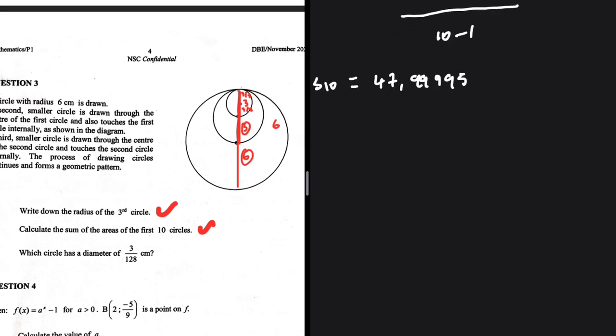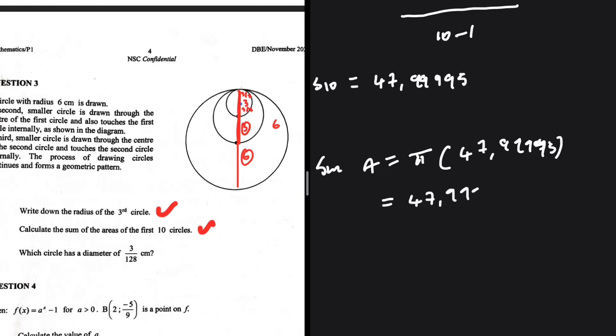So the sum of the areas is going to be equal to pi multiplied by 47.99995, which when you round off to 2 decimal places, we get 48 pi.